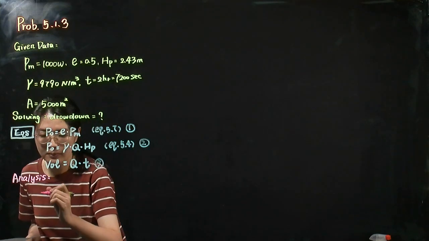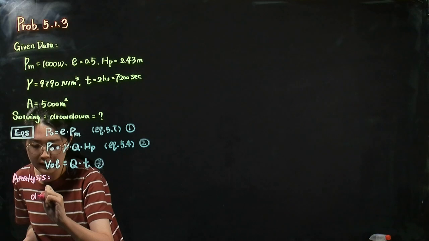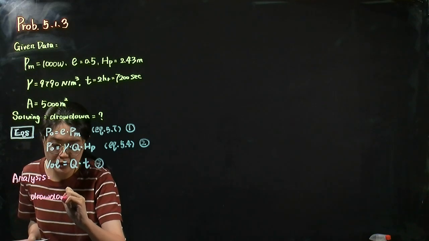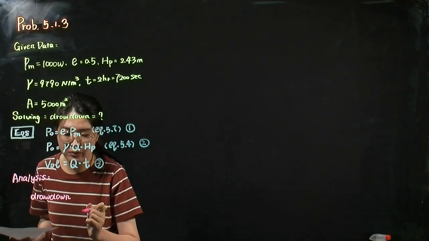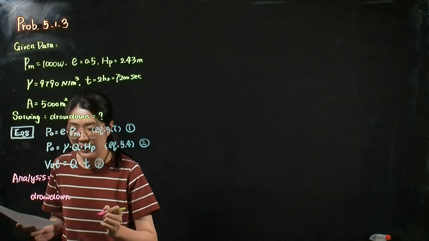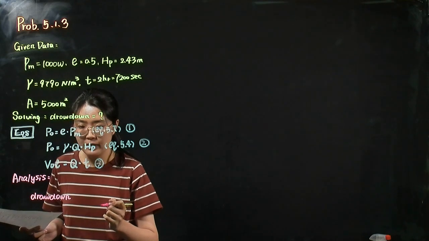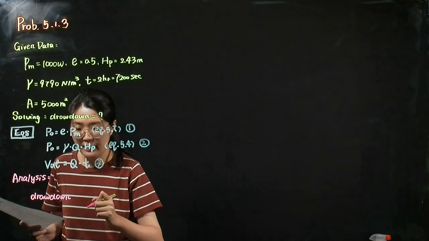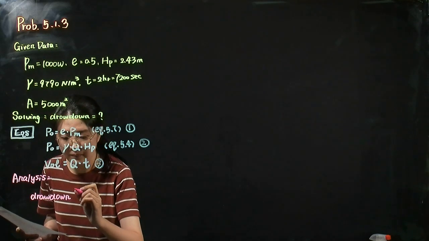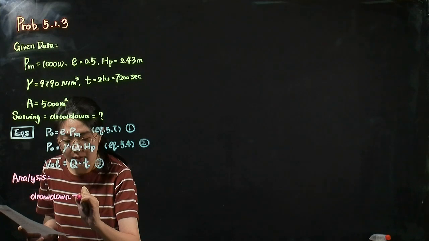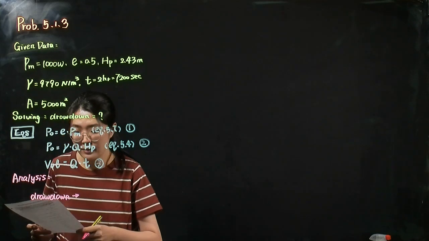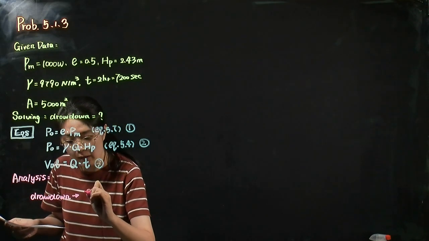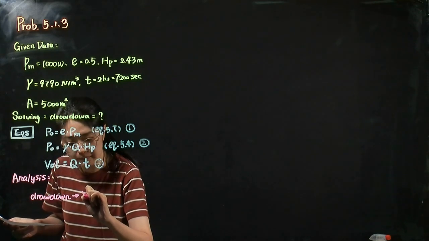So in this problem, it asks us to calculate the draw down, which is the height of the decreasing water. We can calculate it by using the volume divided by the surface area. In other words, we want to calculate the volume of the decreasing water.